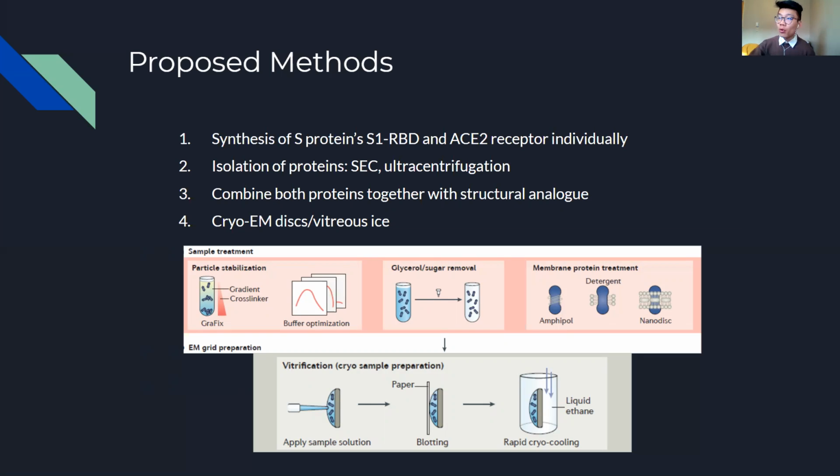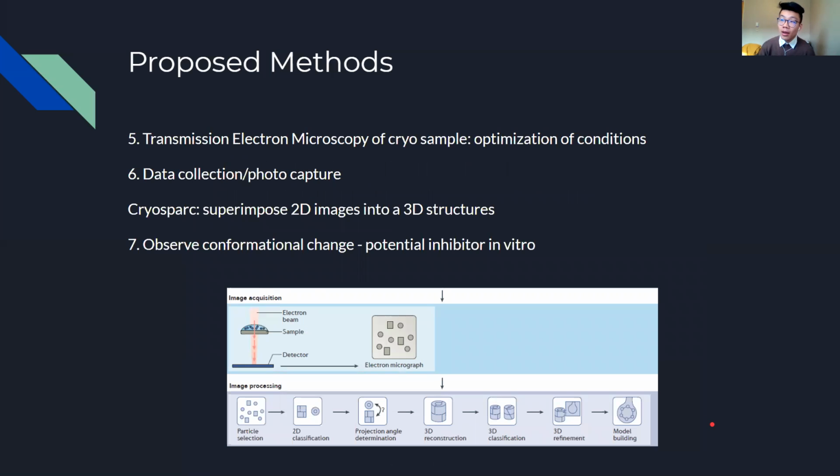From there, I will create the Cryo-EM sample as shown here in this infographic. I will apply the sample, blot the sample, and then rapidly freeze the sample using liquid ethane. Next, I will shoot the sample using a transmission electron microscope and then optimize for conditions that will allow for high resolution images.